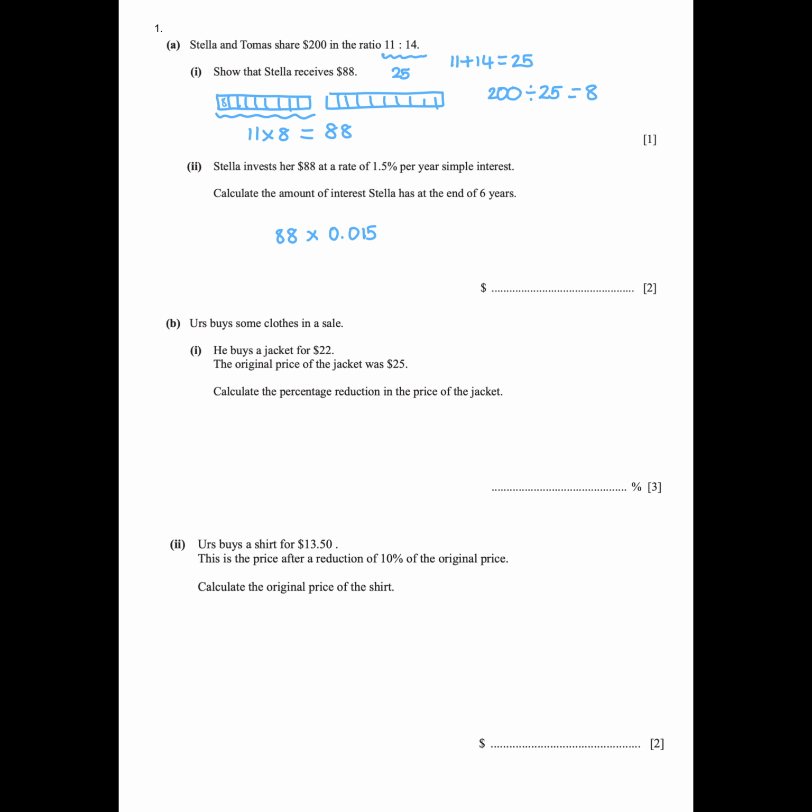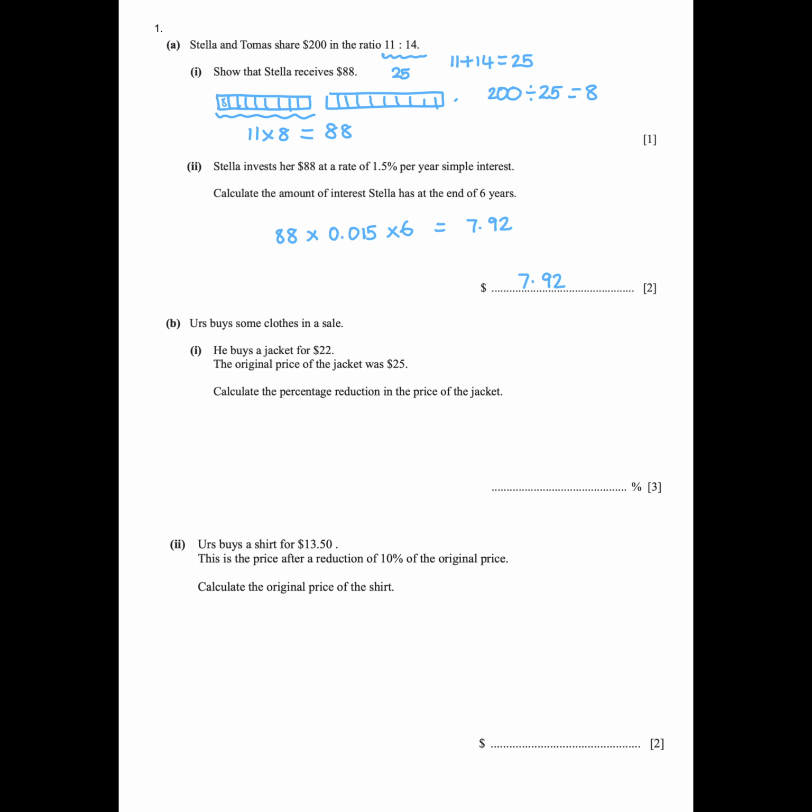And that happens for 6 years, so times by 6, and that gives me 7.92. So she receives $7.92. Now when you're doing this one, you must make sure that we have the 0.015, not 1.015.